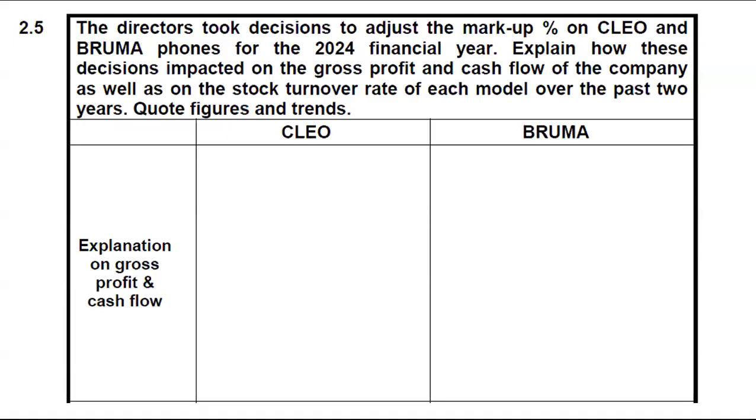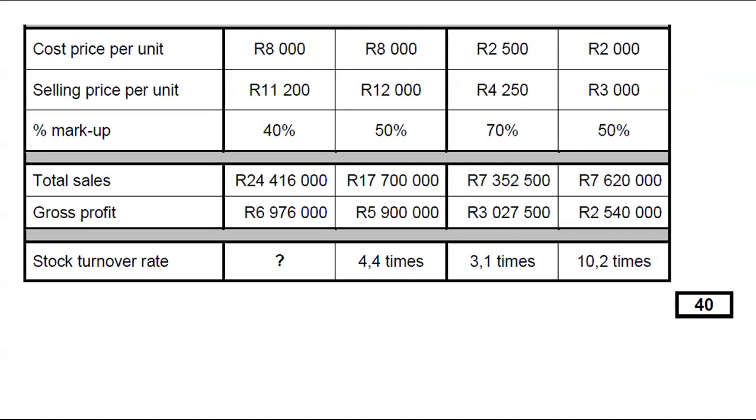The directors took the decision to adjust the markup percentage on Clio and Bruma phones for the 2024 financial year. Explain how these decisions impacted on the gross profit and cash flow of the company, as well as on stock turnover rate of each model over the past 2 years, quote figures and trends. So I had to go back here and start comparing.